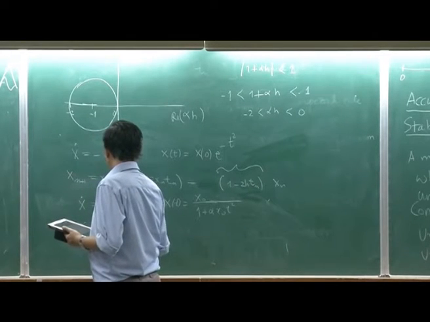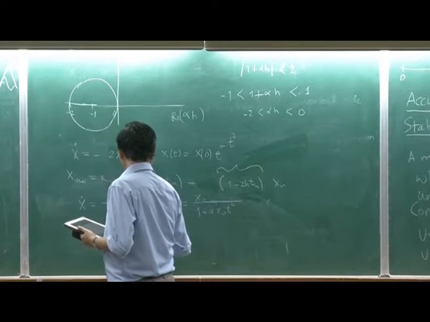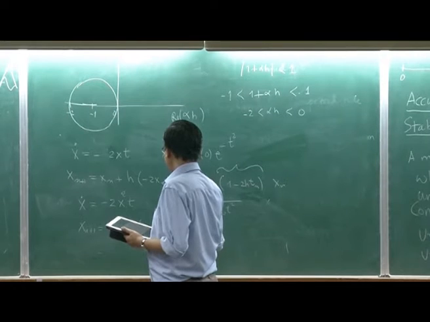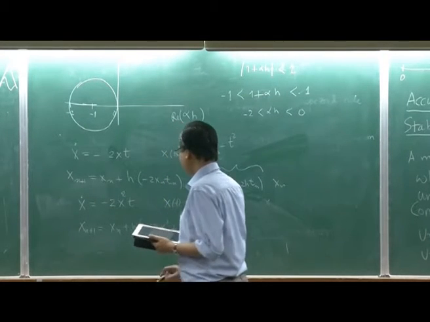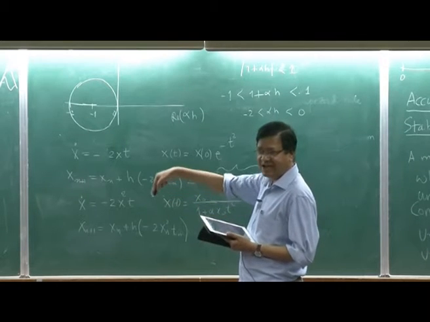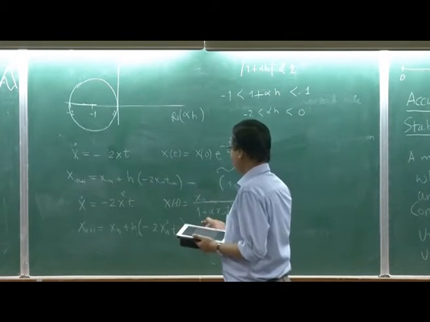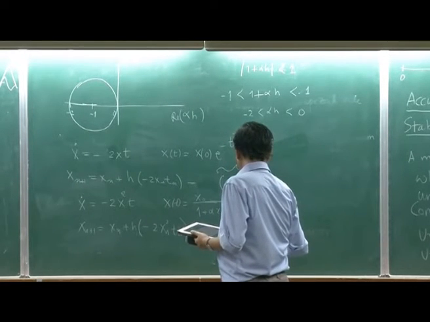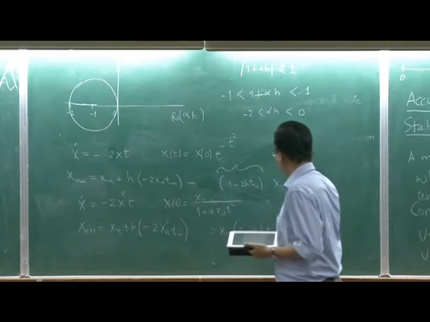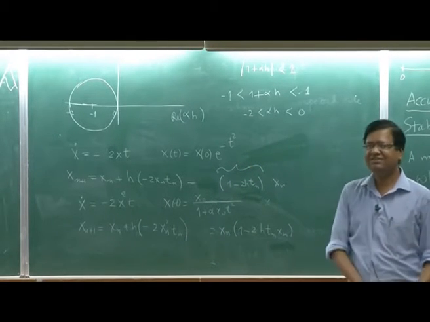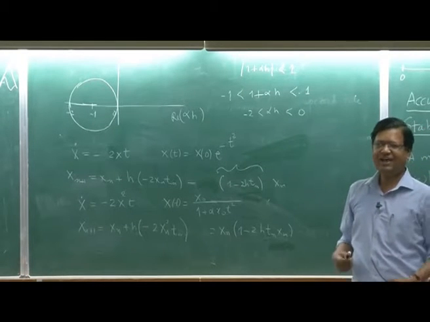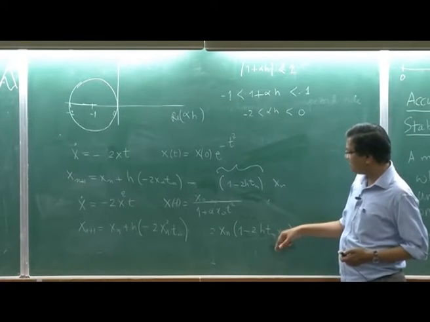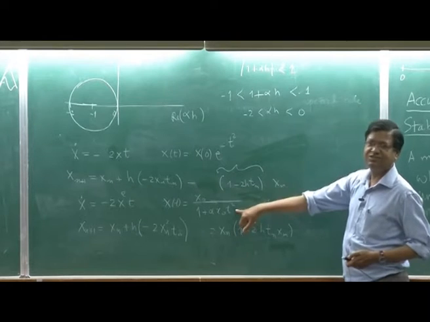x(n+1) equal to xn plus h times minus 2 xn squared tn. I just put f, but at that point. So this is xn times (1 minus 2h tn xn). Since I already know the solution, I can reduce something. Of course tn will grow, but xn drops faster than tn, since there is t squared sitting here.